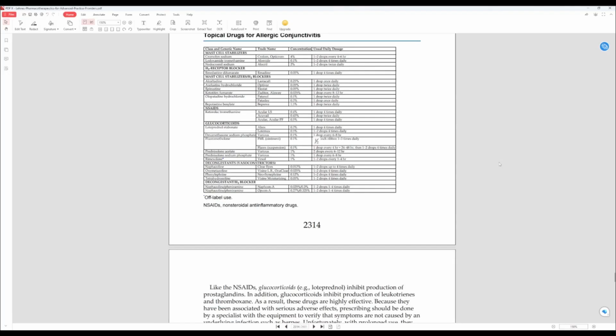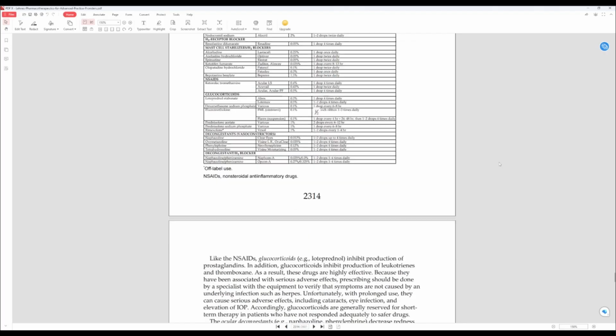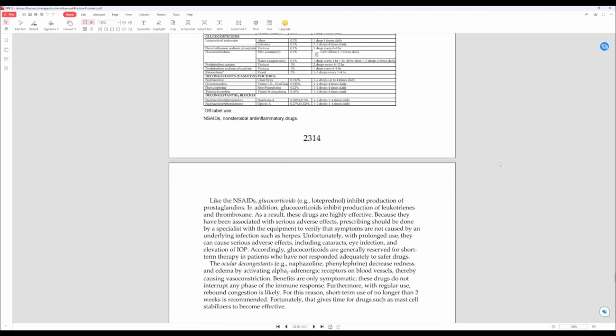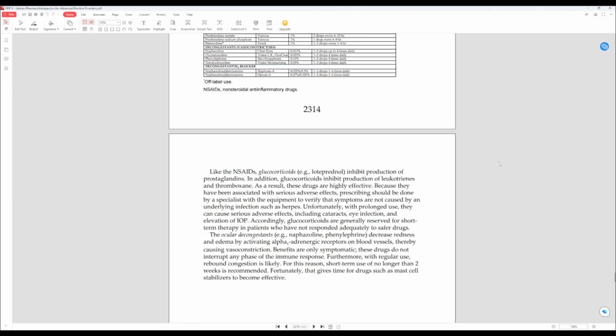Like the NSAIDs, glucocorticoids inhibit the production of prostaglandins. In addition, glucocorticoids inhibit the production of leukotrienes and thromboxane. So as a result, these drugs are highly effective. Because they have been associated with serious adverse effects, prescribing should be done by a specialist with the equipment to verify that symptoms are not caused by an underlying infection, such as herpes.